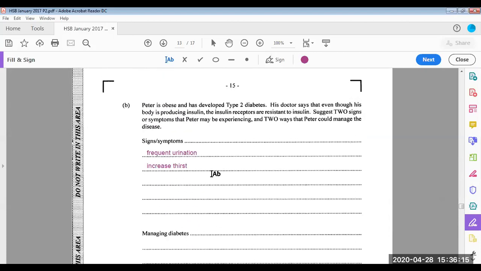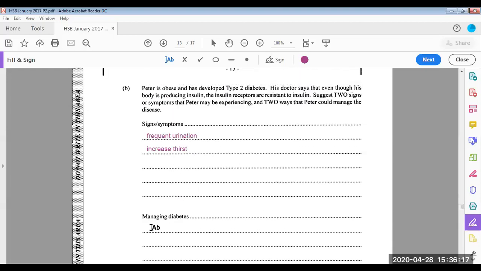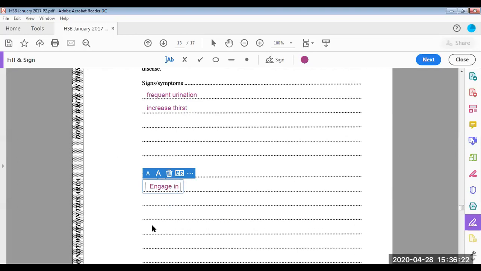How can you manage diabetes? Engage in physical activities. Right, and also lower the amount of sugar and fats, well, sugar mostly, in the diet.